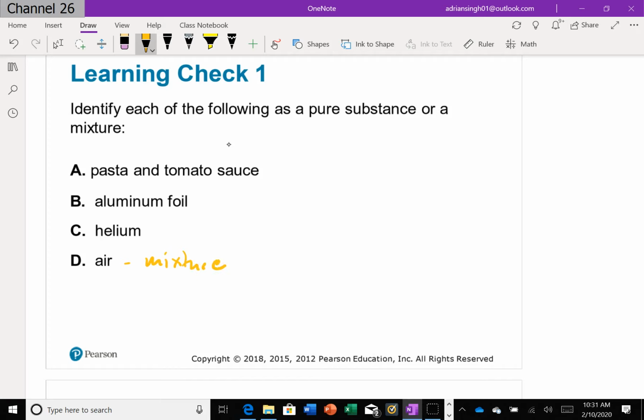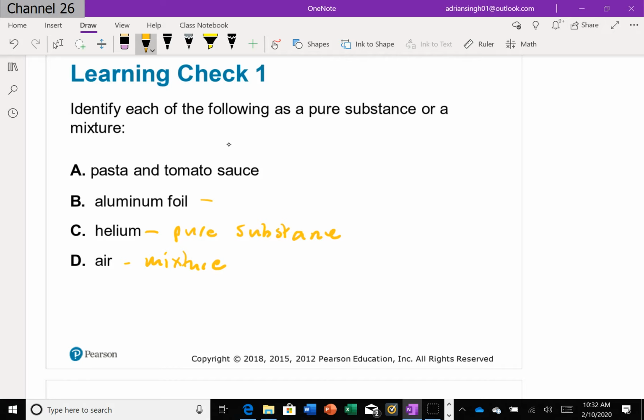What about helium? Helium, you know, in your balloon, if you have a helium balloon, it's only made up of helium atoms, so that would be a pure substance. What about aluminum foil? That would be pure as well, right? If it's called aluminum foil, one would assume that it's made out of aluminum.